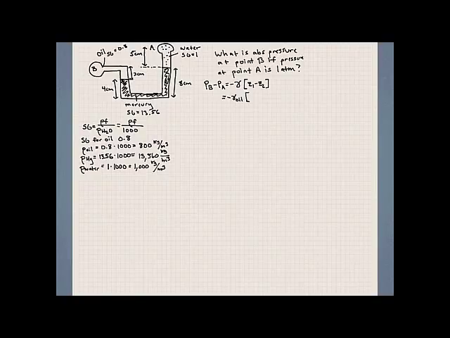All right, so we started higher than where we ended up. So because we started higher, this value is going to be positive. So Z1, the first point we started at, is higher than the second point we're at. So it's going to be positive. And I'm going to convert this to meters. So I'm going to say it's 3/100. Okay?